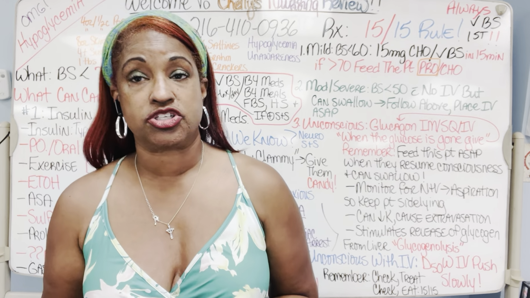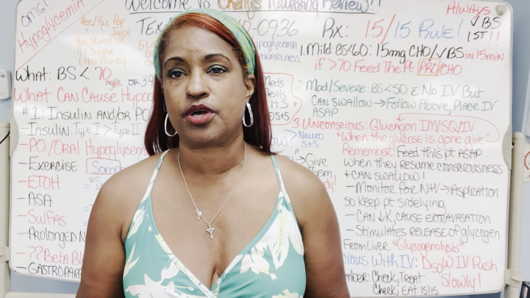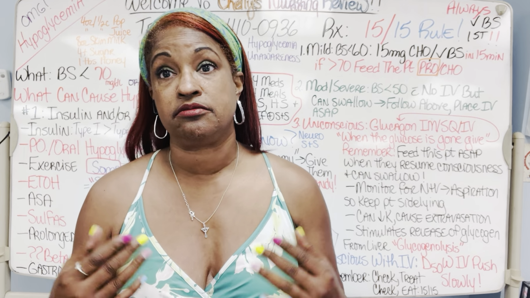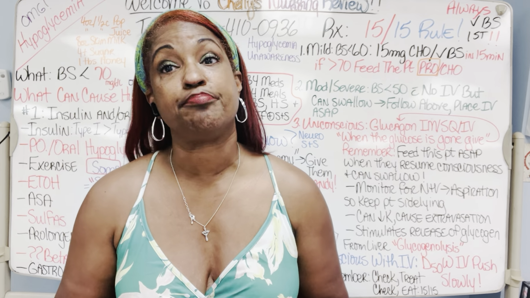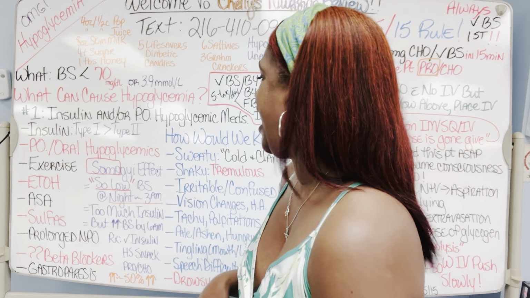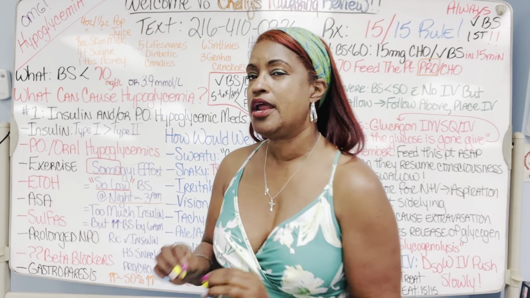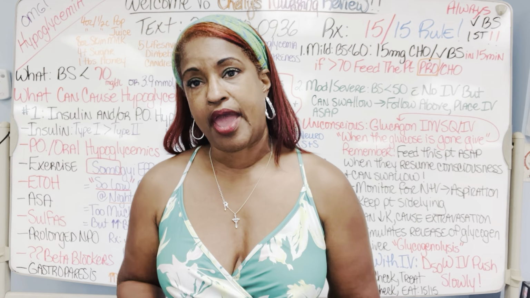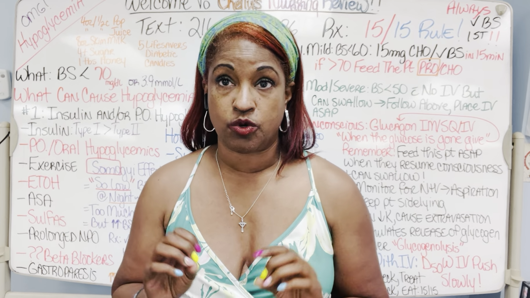And for some patients, their doctors don't even want them on it. So we say caution whenever using beta blockers in diabetics. And for some, they may be completely contraindicated, okay? You got to know that. So that led right into one big problem that might be causing a patient's blood sugar to go down.